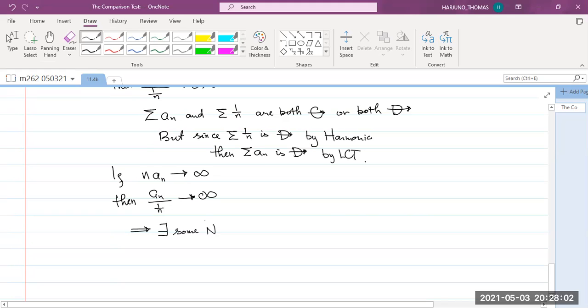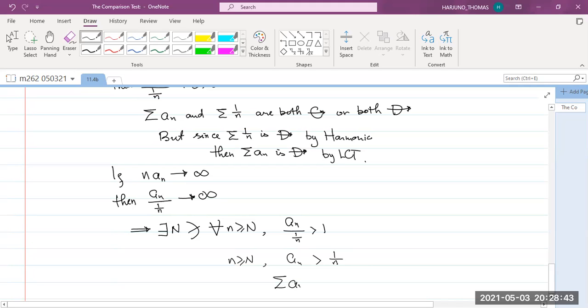There is some number N such that for every n greater than that capital N, a sub n over 1 over n is greater than 1. That means starting from that capital N, the sequence a sub n is already greater than 1 over n.